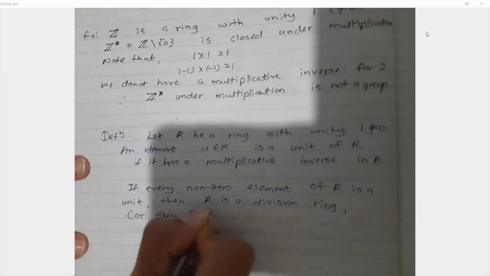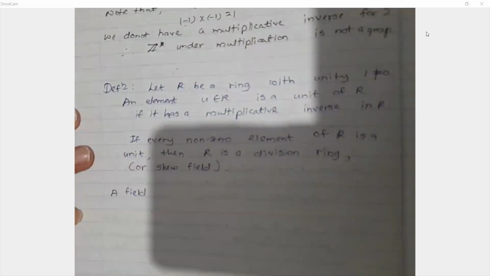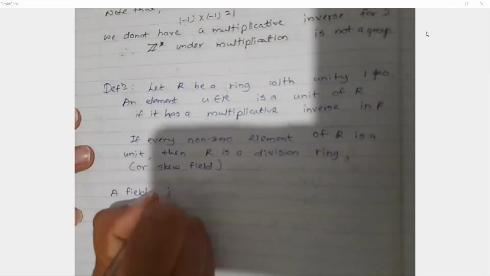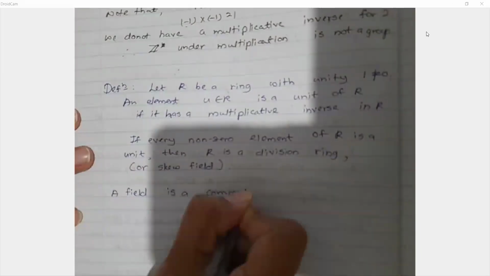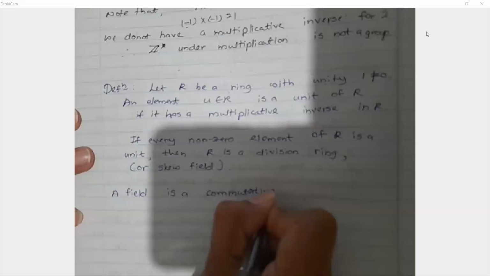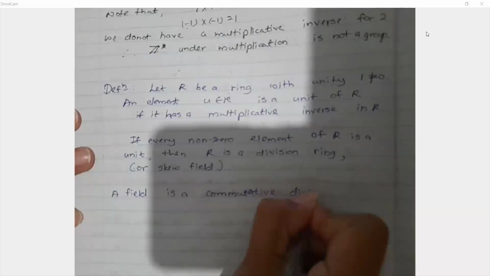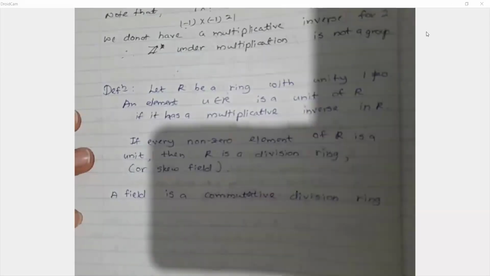So field, with this, we go to the definition of a field. A field is what we call a commutative division ring.